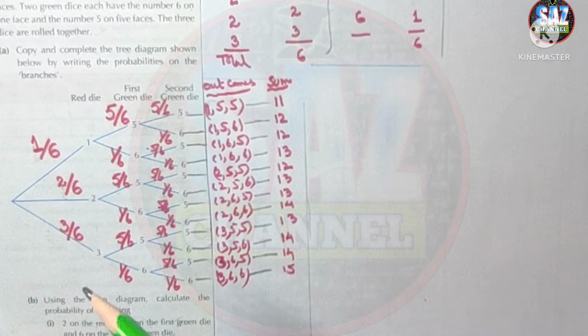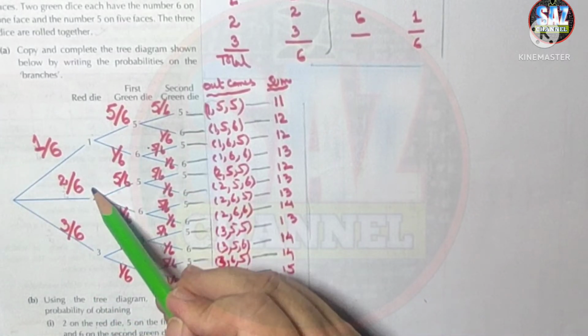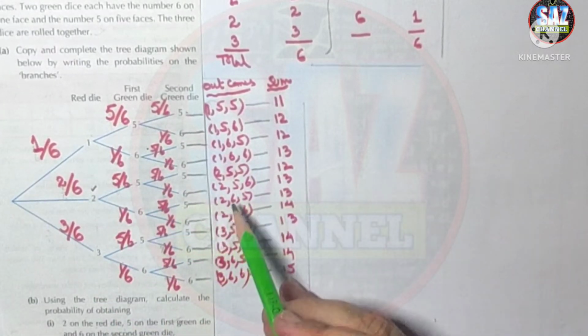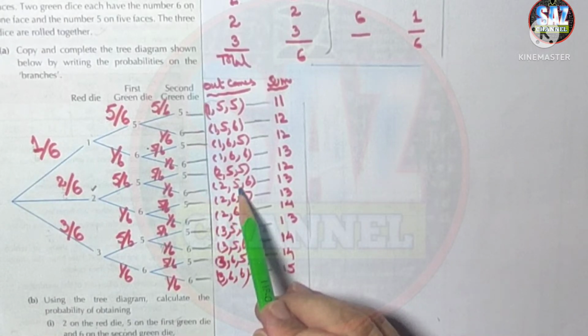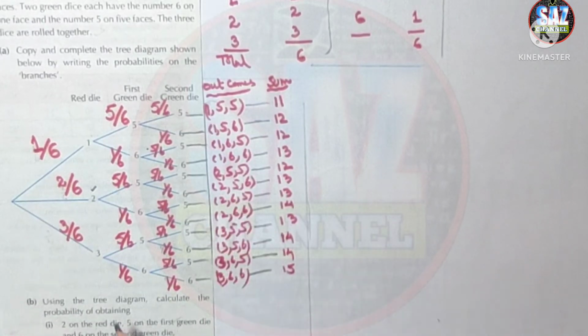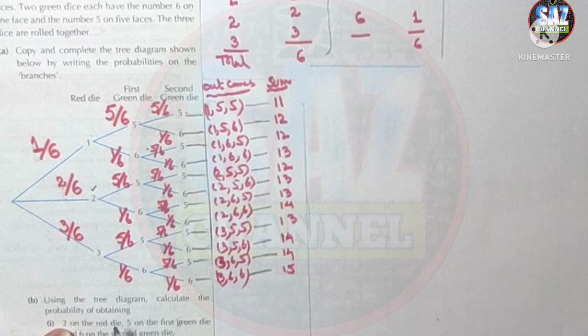2 on the red, 5 on the first green, and 6 on the second green. For this part you can see that the restriction imposes that from the first die we must pick up what? 2, 5 on the first green and 6 on the second green.